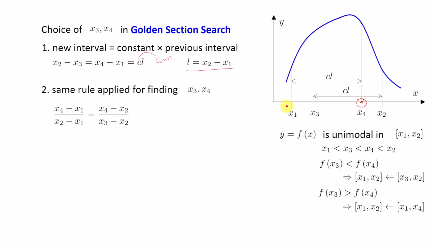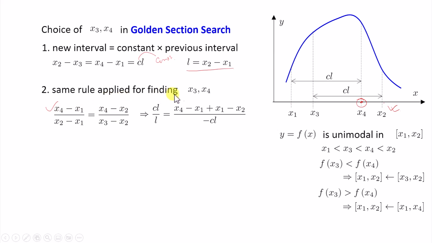Once I find x4, I come to x2 and focus on x2, x4 and x3. They should be related by a similar rule: the ratio (x4 minus x2) divided by (x3 minus x2). These two ratios, we make them the same.